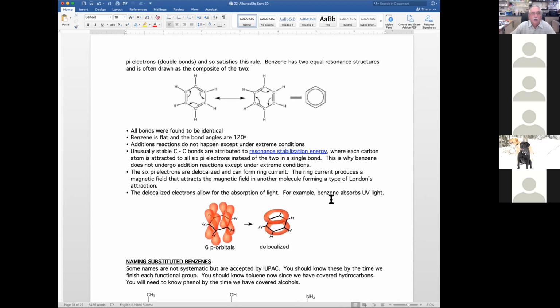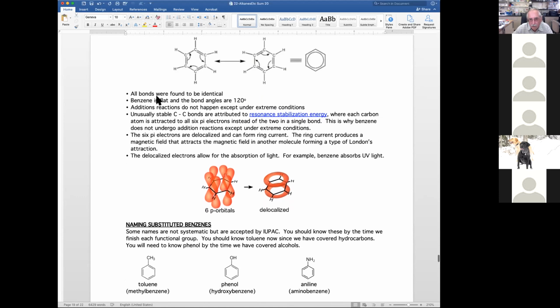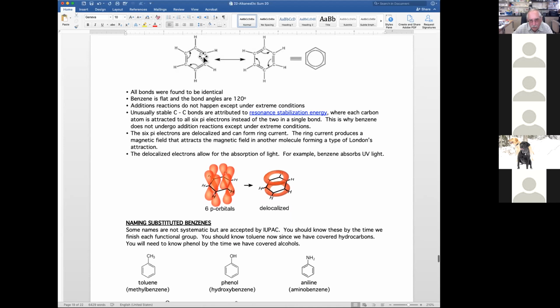So the 6 pi electrons, 2, 4, 6, right, the ones in the double bonds, are delocalized. They can actually form a ring current. So what that means, with a double, single, that's conjugated, right? Let's look at what this double bond means.